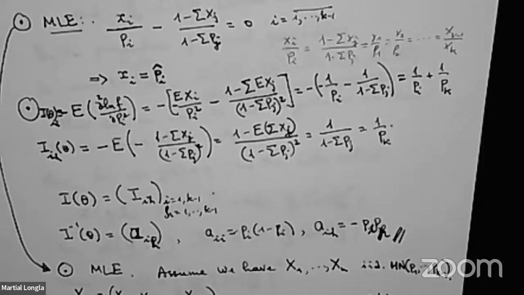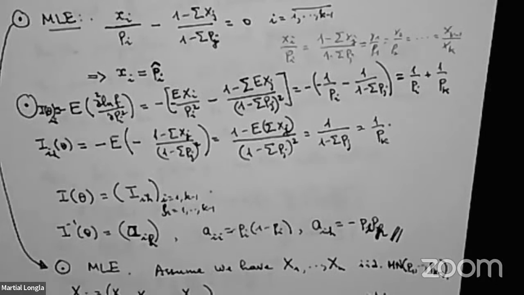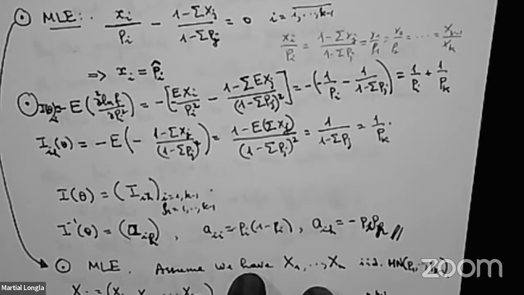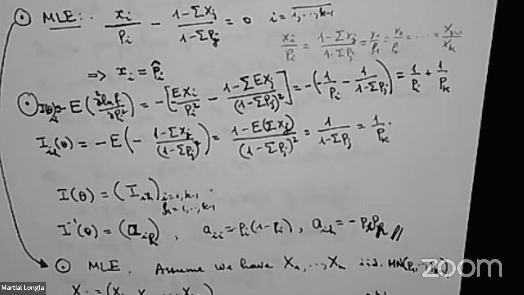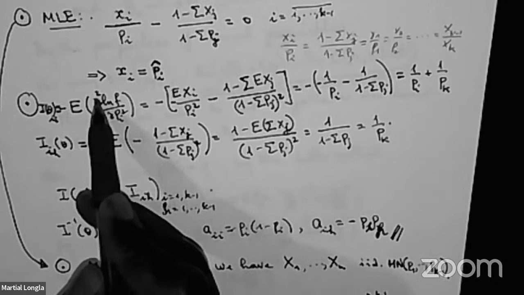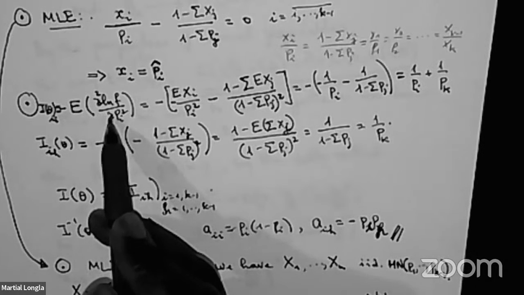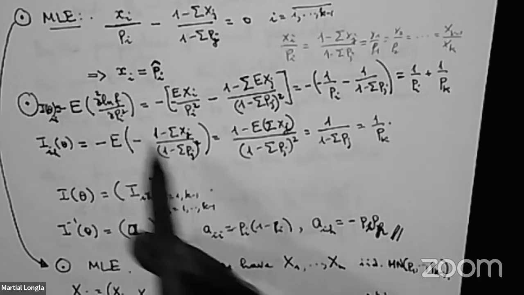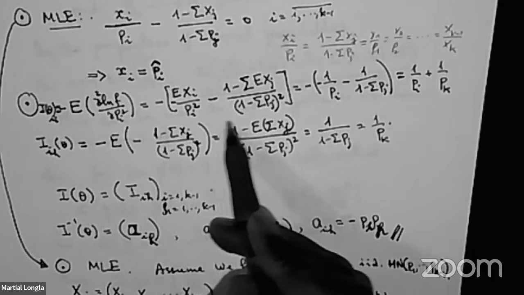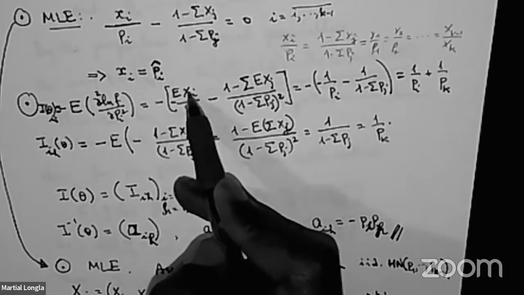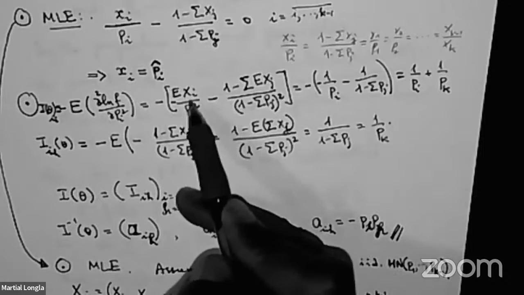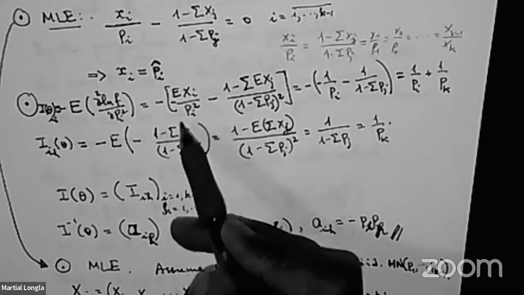After that, the second part here is about the Fisher information, which uses the derivatives that we found up there. The information for pi is the negative expected value of the second derivative with respect to pi squared, this second derivative that we had. When you take the expected value, the expected value of xi is pi.